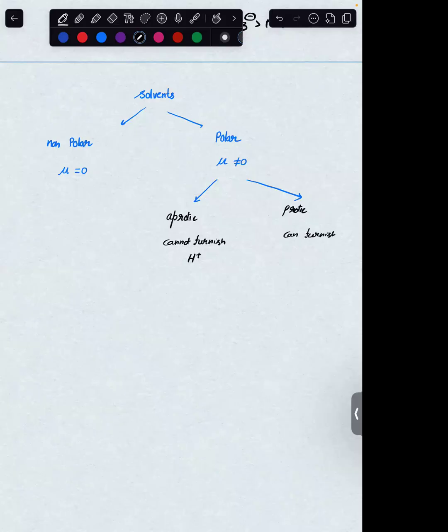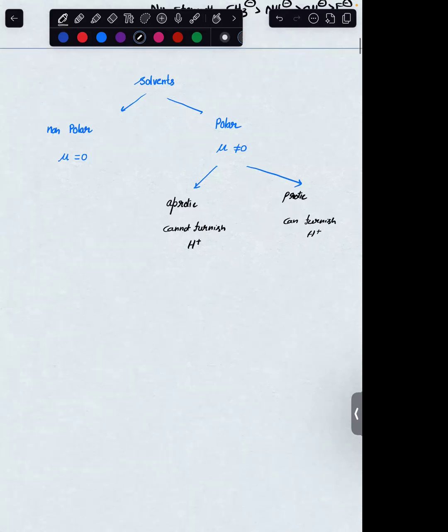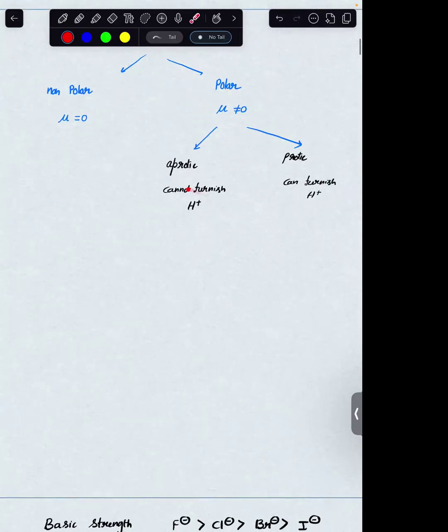Okay. What are the solvents which can furnish H positive? Whenever the hydrogen is attached to highly electronegative elements like oxygen, fluorine, nitrogen, in all those cases, H positive can be furnished. Okay, in those cases, we will be calling it a polar protic solvent.